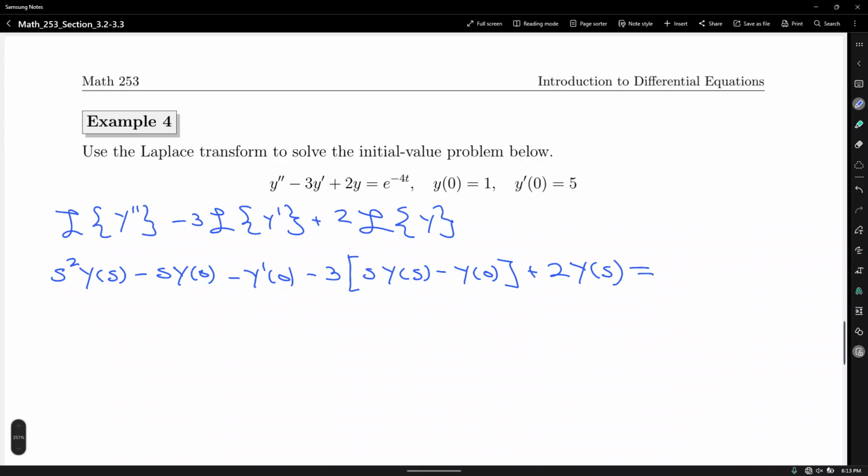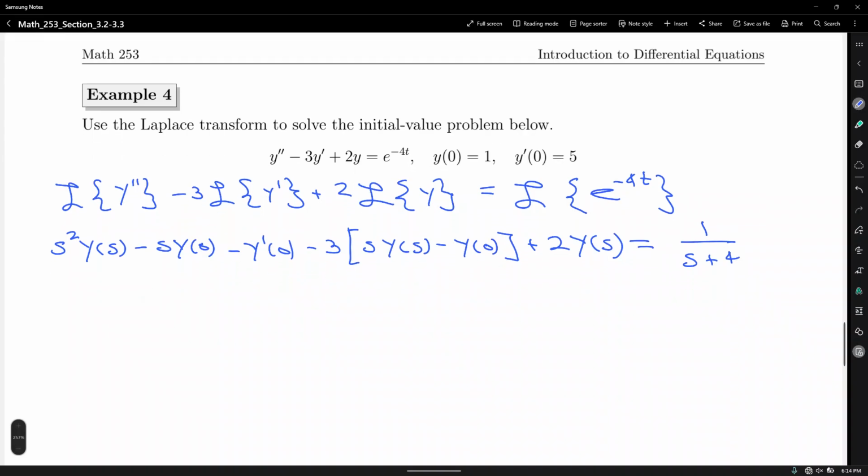And on the right-hand side of the equation, we're going to find the transform of e to the negative 4t, which is 1 over s minus negative 4, which is s plus 4. All right. So that's the algebraic equation to solve for y of s. Isolate y of s and find the inverse transform on both sides.